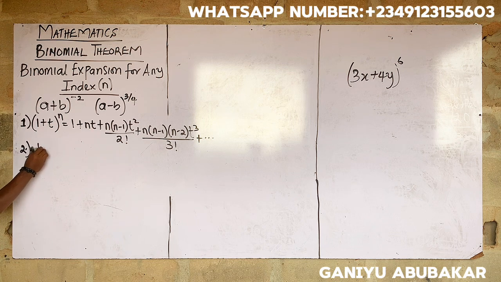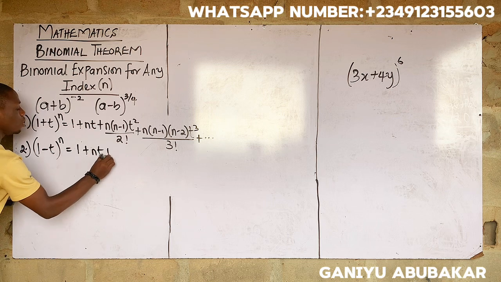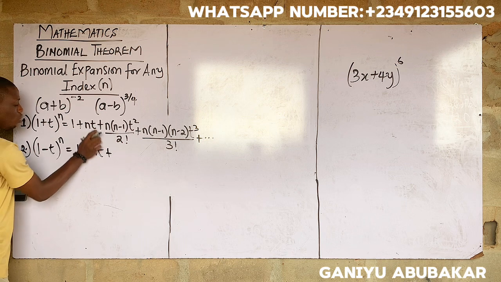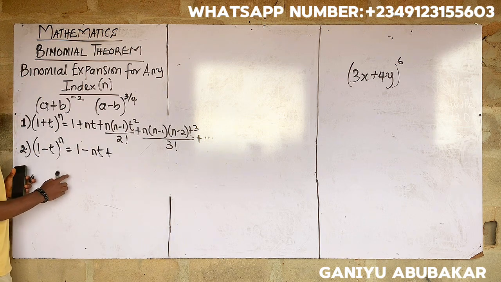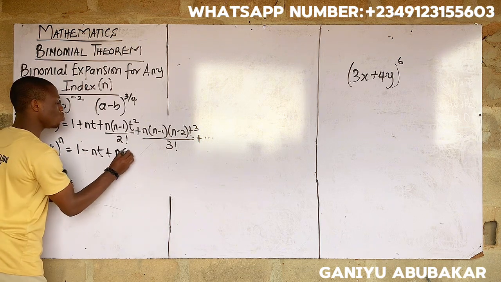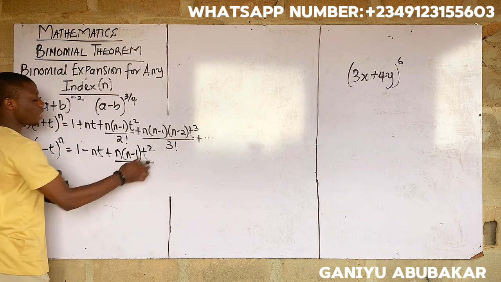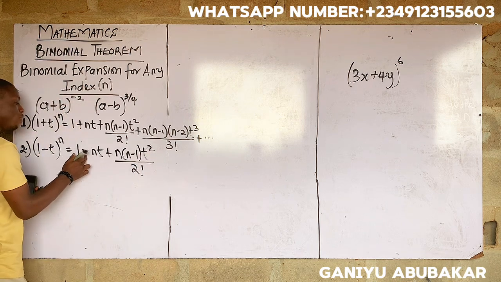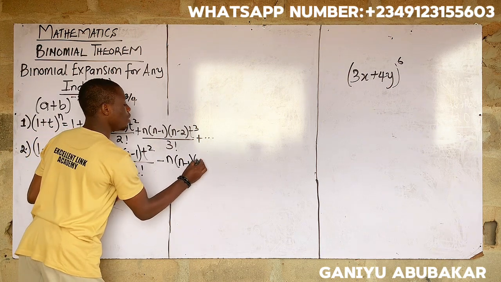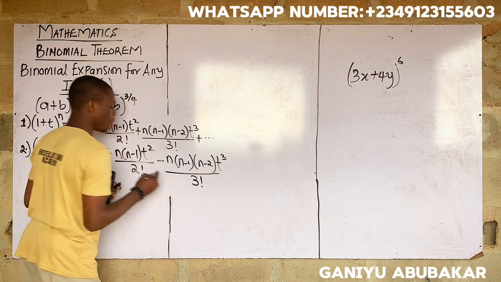It is given as 1 minus t to power n equal to 1 minus nt, plus n into n minus 1 t squared over 2 factorial, minus n into n minus 1 into n minus 2 t cubed over 3 factorial.